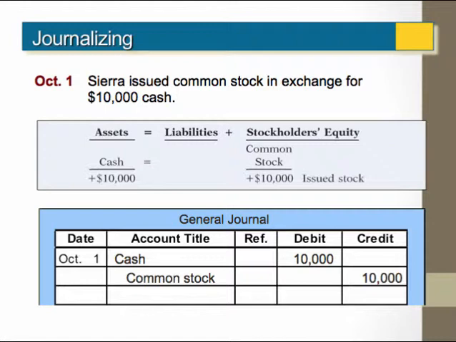Remember, cash is an asset, and the asset is increased by a debit transaction. Common stock, being on the right-hand side of the equal sign under stockholders' equity, will increase with a $10,000 credit.